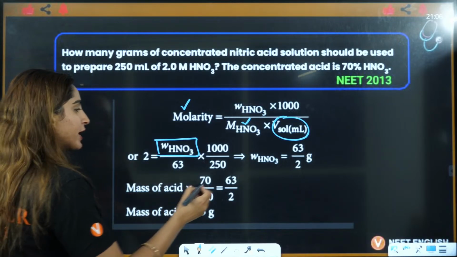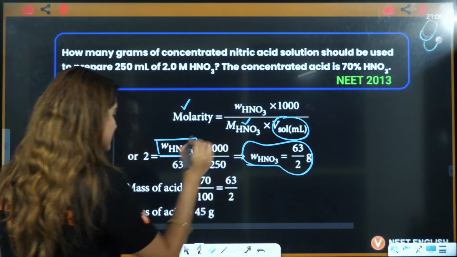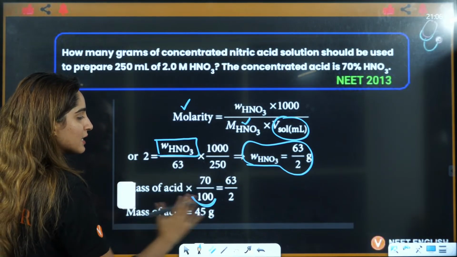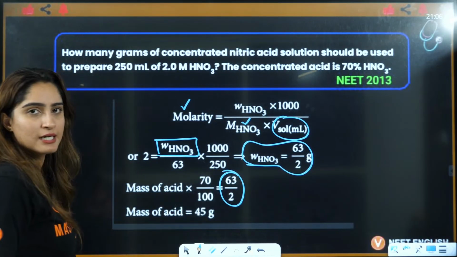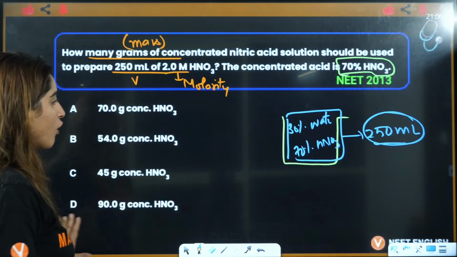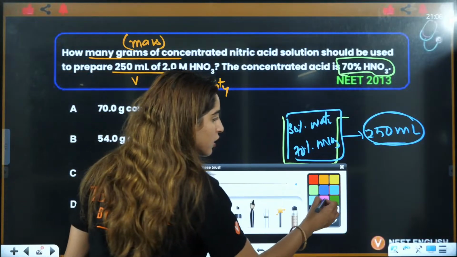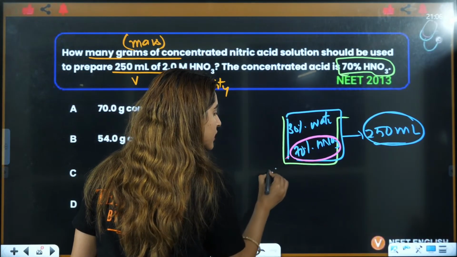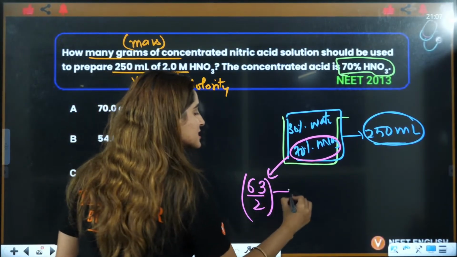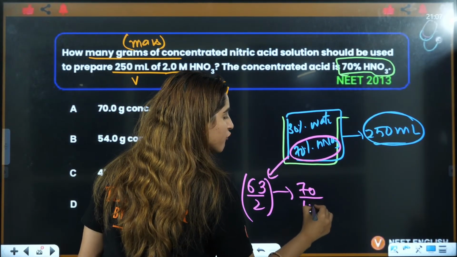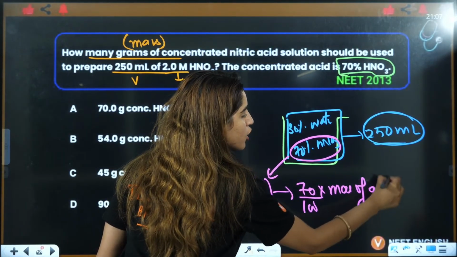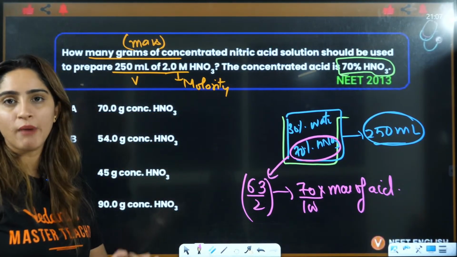So the weight of HNO3 is the mass of acid multiplied by 70%. This is coming out to be 63 by 2. And this is 70% of the mass of acid. So in that way, I can calculate the mass of actual acid.